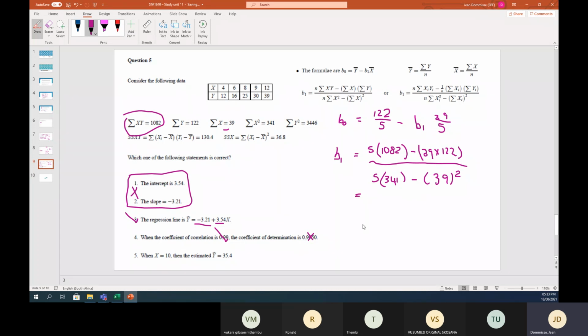Okay, so that will give you your B1. So let's see what is B1. So 5 times 1082 is 5410. 39 times 122 is 4758.